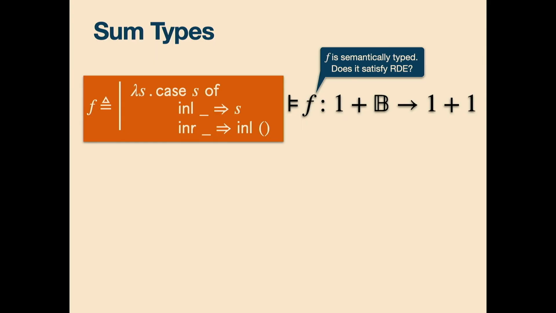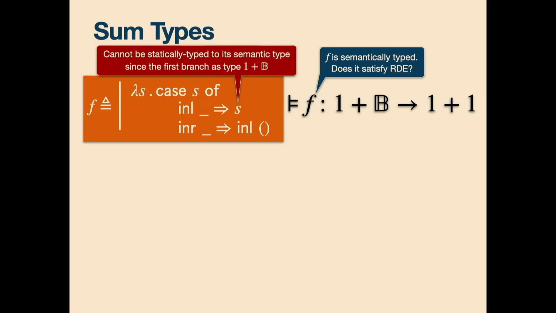This exploits the fact that we have an inleft here. If you believe me, then the problem is that you cannot statically type this function f to the type that we just gave, because the first branch of the case has type unit plus Boolean, which is not equal to or consistent with unit plus unit.